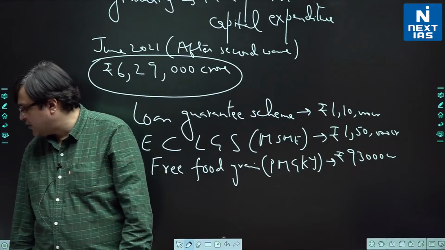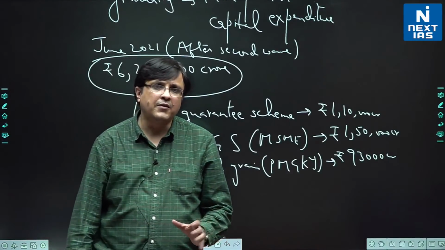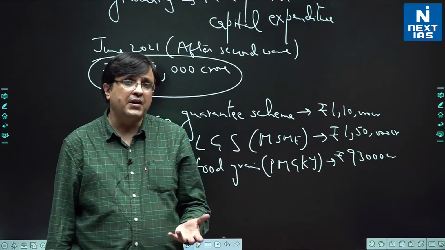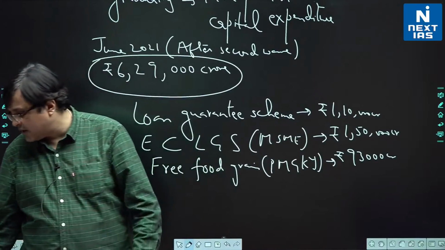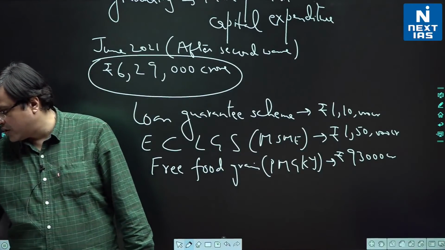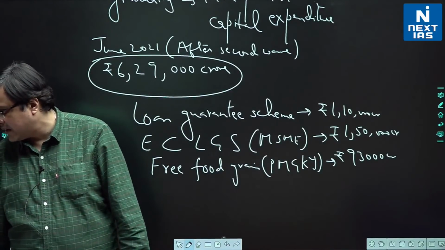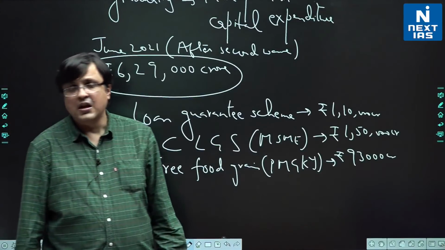That if they ask you a question in the prelims exam about what was the major source on which government made expenditures during the second wave of the pandemic, then these are the major sources.